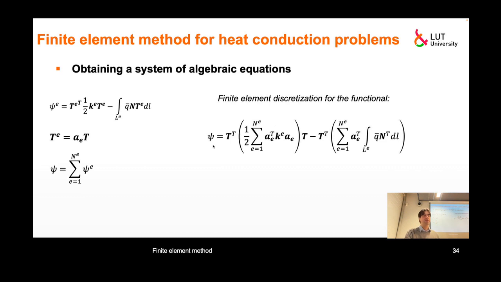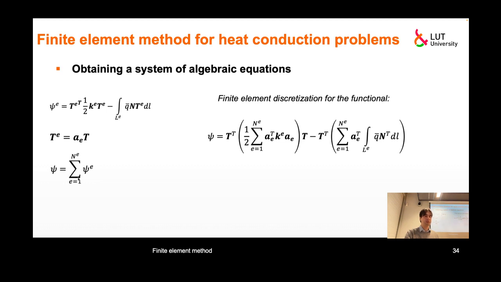So the entire value of my functional for the entire mesh will be a sum of all element contributions, and each element contribution I calculate according to this equation, but I substitute this equation there, which allows me to keep global temperature everywhere.